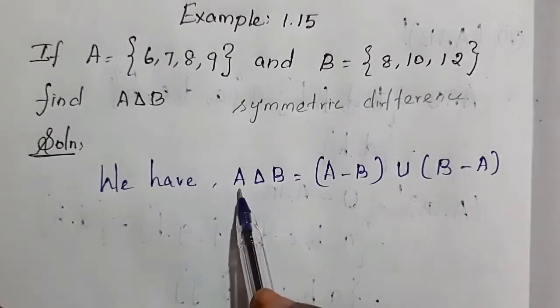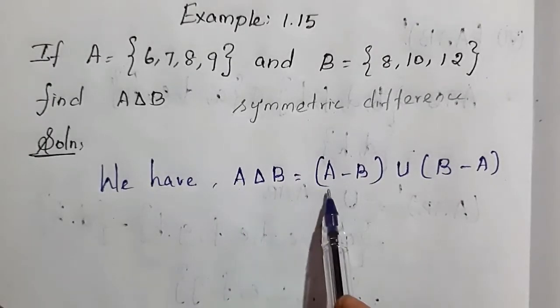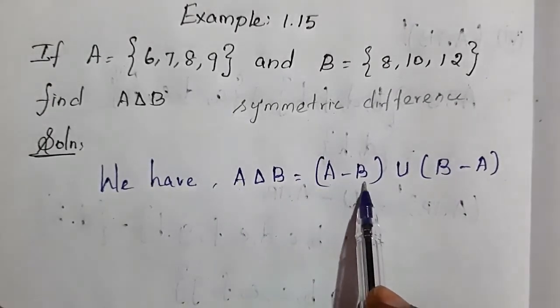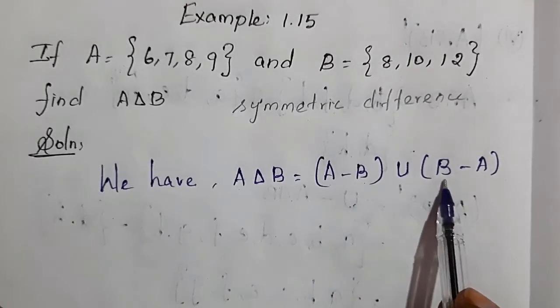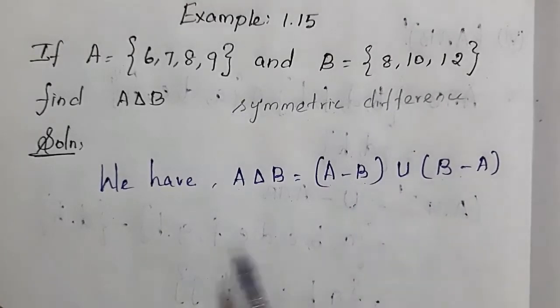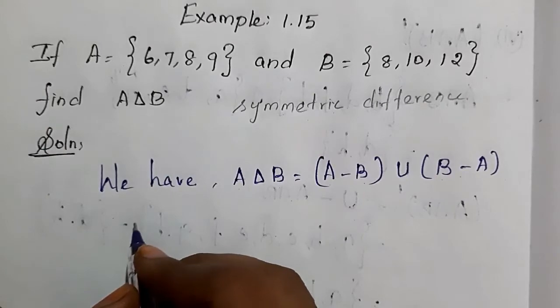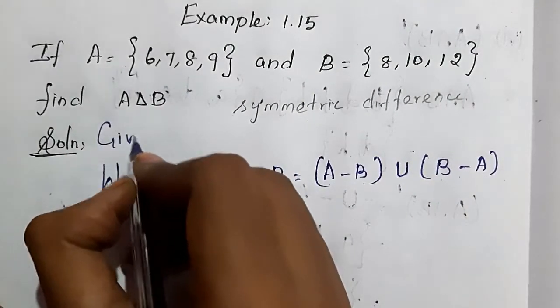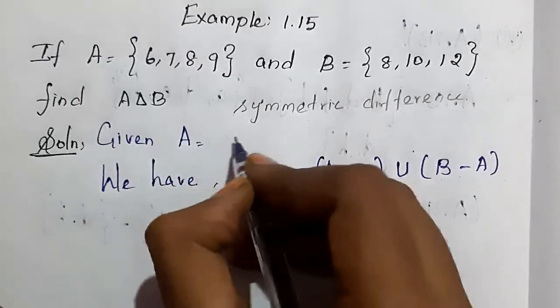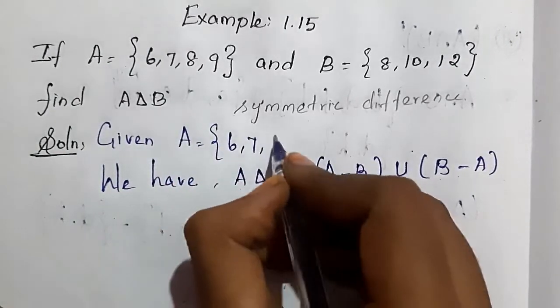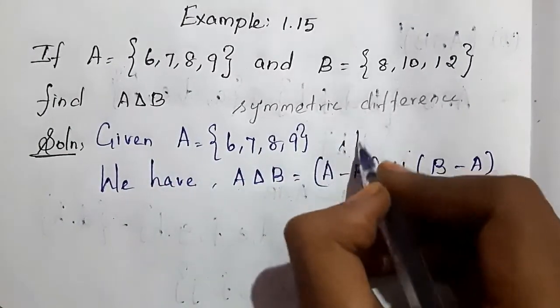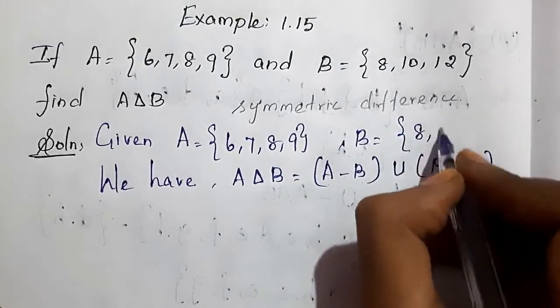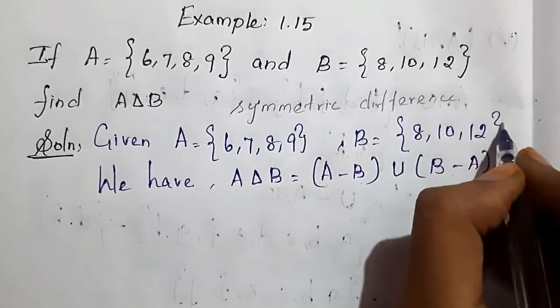So to find A symmetric difference B, we have to know what is A minus B and also what is B minus A. For that, you can write given A equal to set of all 6, 7, 8, 9, then B equal to set of all 8, 10, 12.